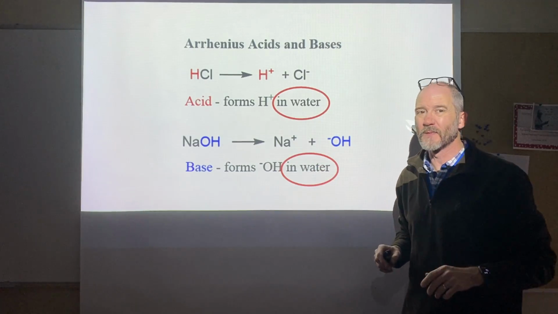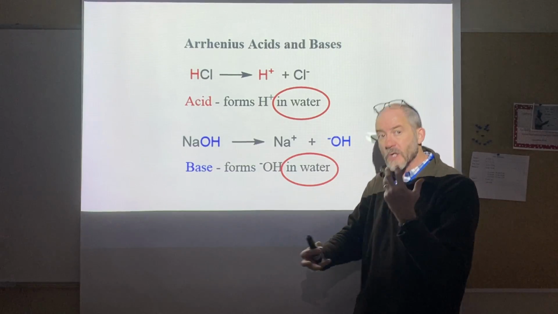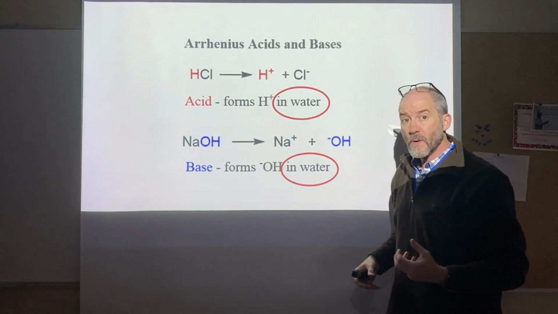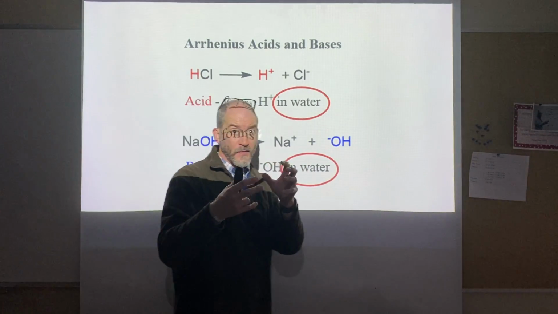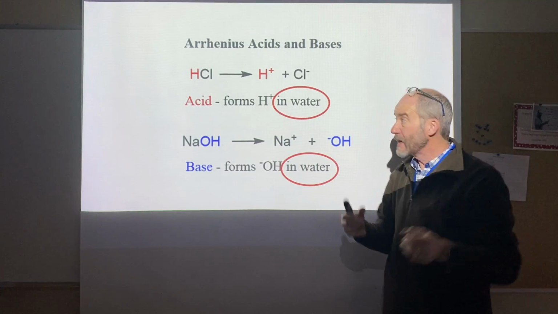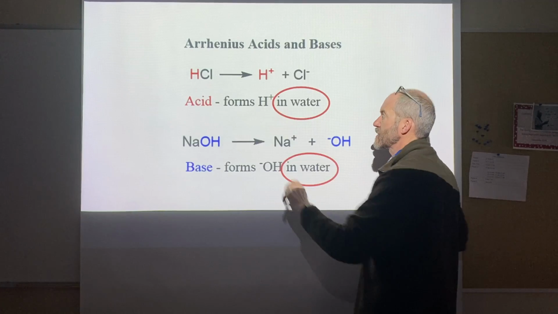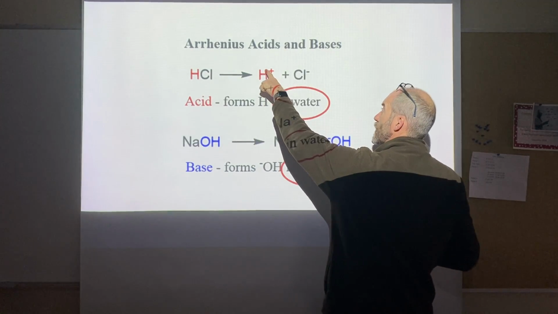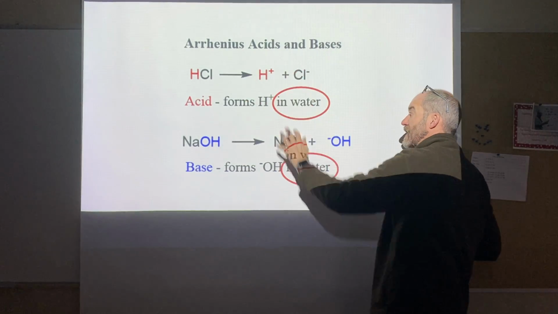That tells you something, because by chemistry definition, if we're creating an aqueous solution, then the item is indeed soluble. When they ionize, they create ions, hence the term ionize. We get this hydrogen proton because the electron is being left behind, so we get this cation and this anion.